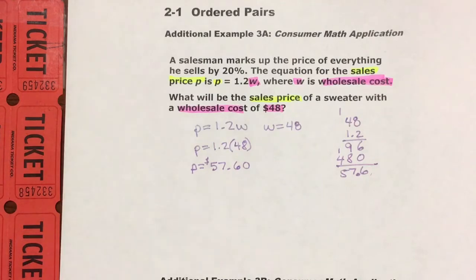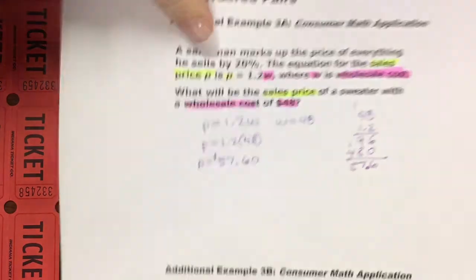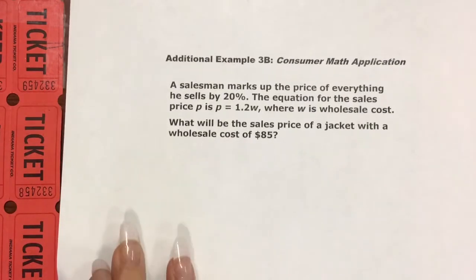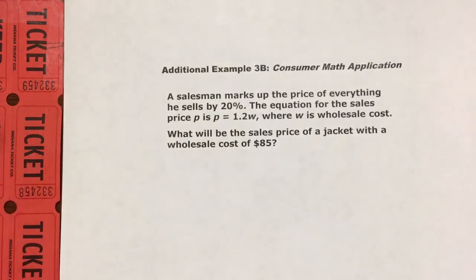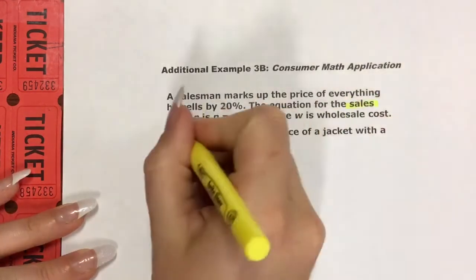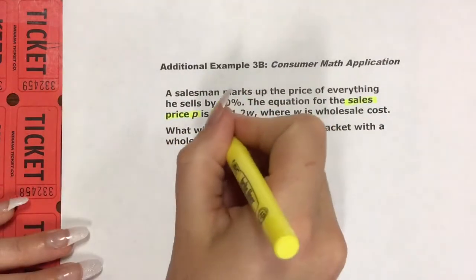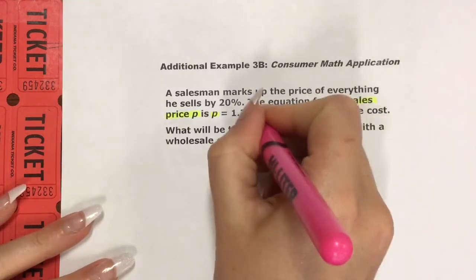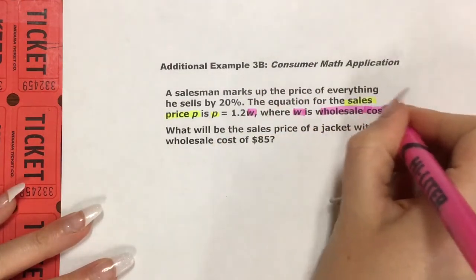Okay, on to example 3B. It's very similar, just a little bit different. So this problem says the salesman marks up the price of everything he sells by 20%. The equation for the sale price is P. So we have the sales price P again, which is 1.2 W, where W is the wholesale price, or wholesale cost.